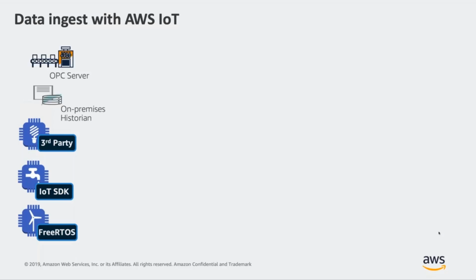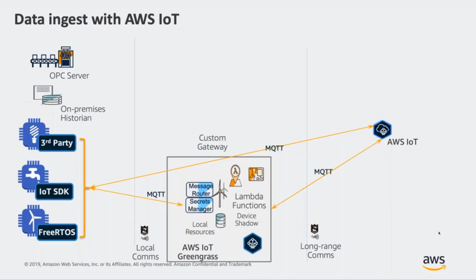In case of a factory setup, you'll generally have your OPC UA server or historian generating the IoT data. And these also can be made to talk to AWS IoT. So you can have the three categories of devices talking to AWS IoT directly, or you could have this communication through some sort of intermediary if you have some sort of a local network.